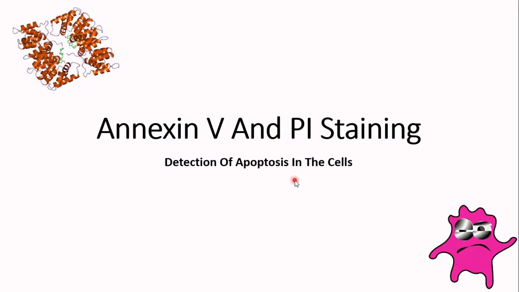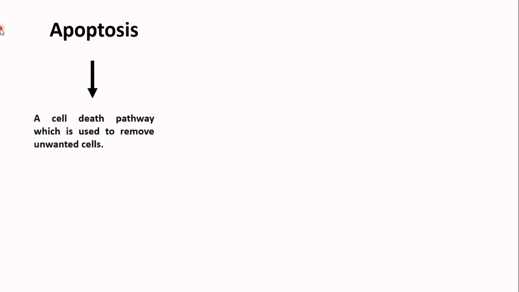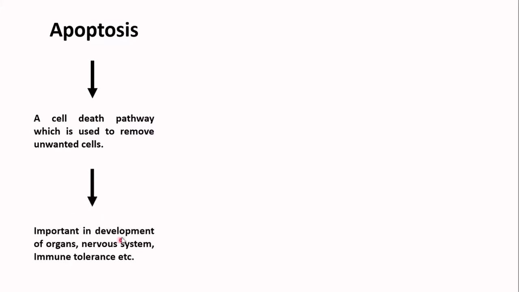Now, whenever we hear the word apoptosis, we get the definition that it is a programmed cell death, a cell death pathway which is used to remove the unwanted cells. And this is very important in development of organs, development of the nervous system and development of immune tolerance, or whenever you want to remove the cells naturally, right?